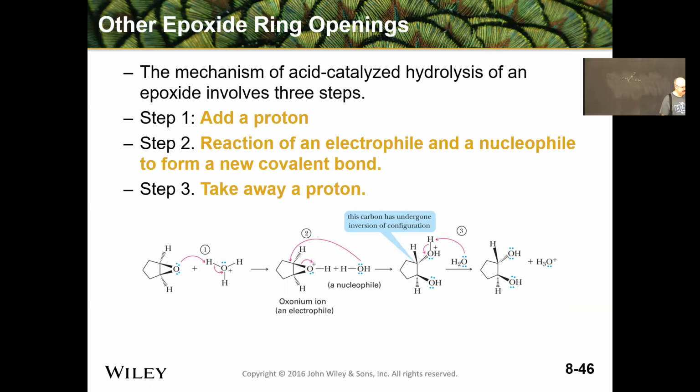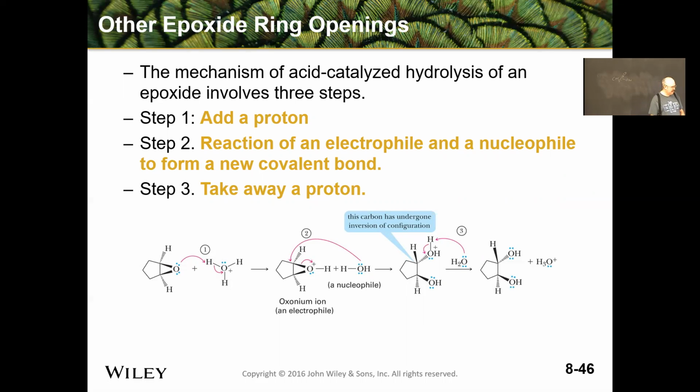Okay, the first one is to add a proton. The second step is to react an electrophile and a nucleophile to form a new covalent bond. And then the third step is we take away a proton.